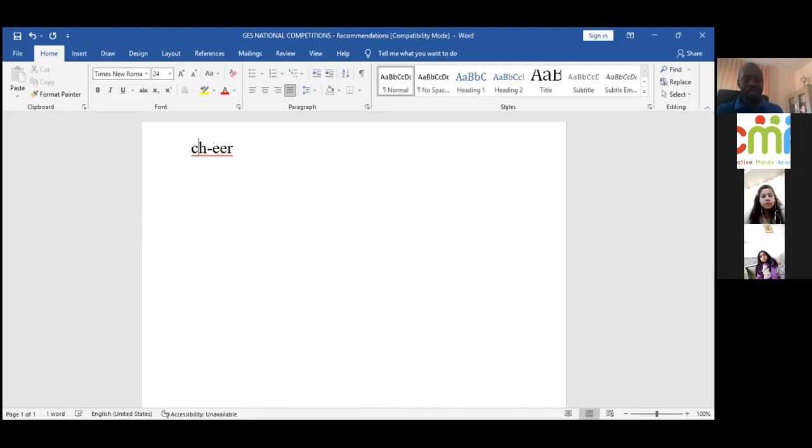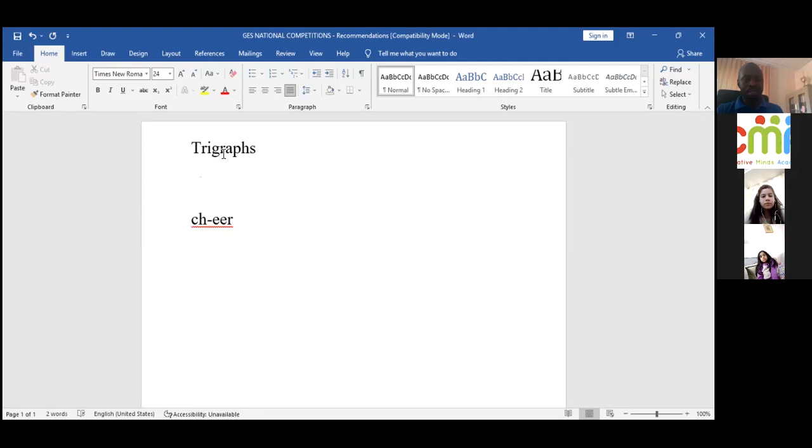Here we are having a sound which is in a category or a type that we call the trigraphs. I'm sure whoever is doing phonics must have come across trigraphs. A trigraph is a sound which comes from a combination of 3 letters. So in the word cheer, we have sound ch and sound ear.